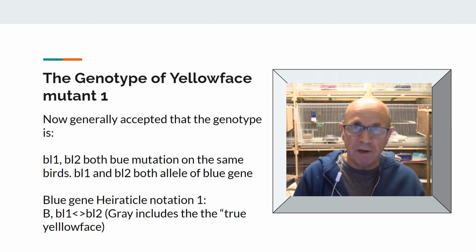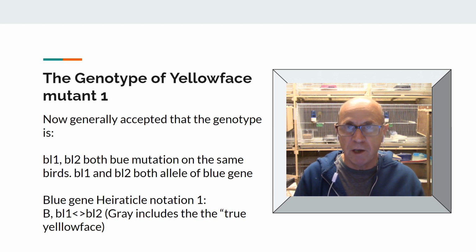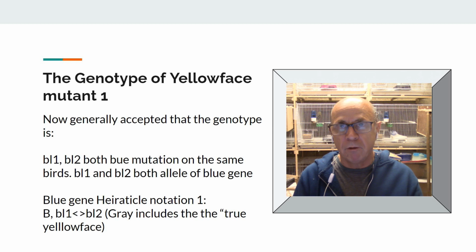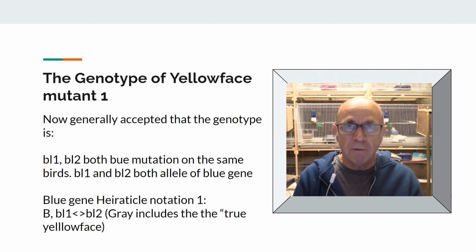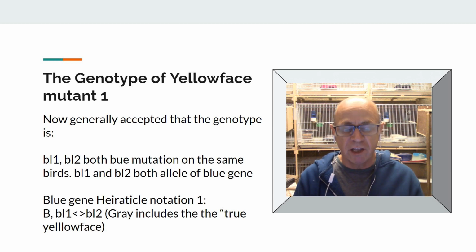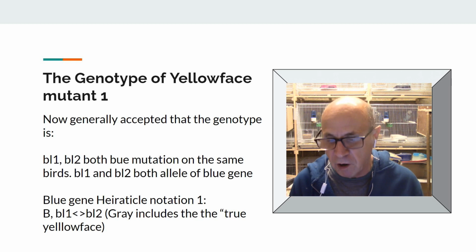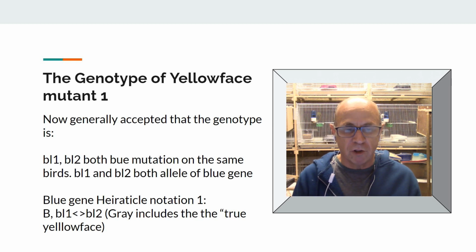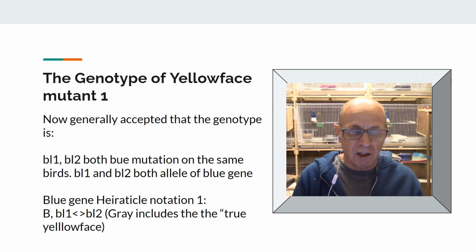So you'll both get splits for green if those appear with the non-mutated gene. But the BL1 and BL2 mutations are co-dominant to each other. So when they appear on the same bird, they produce a bird that's different from either of them, and actually it's the Yellowface Mutant 1 variety that is produced. I hope that makes sense.